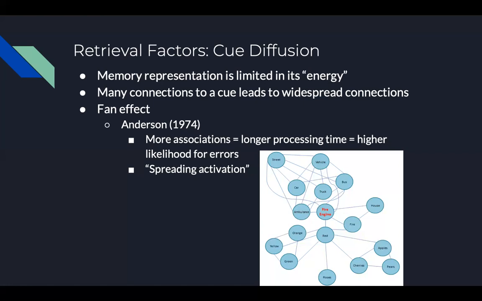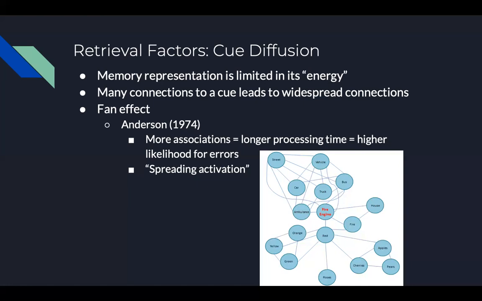And specifically it posits that the more associations that we have, we not only require more energy, but we also have a longer processing time because we have to go through all of those different connections. And this then raises the probability that we're going to make errors.